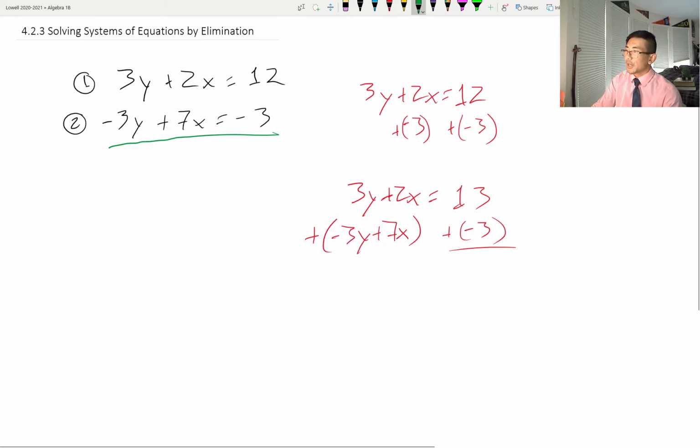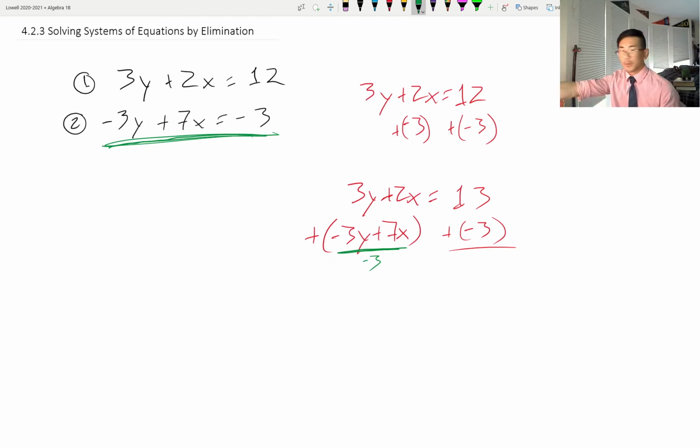Again, why is this okay? Remember that this right here is negative 3 according to equation 2. So really I'm just adding negative 3 to both sides. Because equation 2 is an equation, it says negative 3 and this quantity, negative 3y plus 7x, are exactly the same, so they're interchangeable. Why is that helpful?